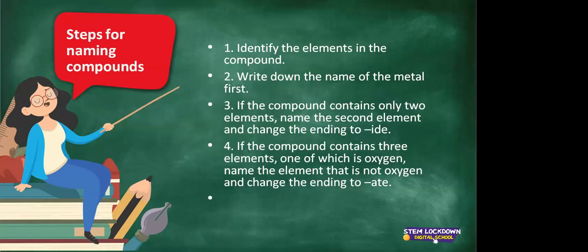Then if the compound contains only 2 elements, name the second element and change the ending to IDE. Are we clear? And then if the compound contains 3 elements, one of which is oxygen, name the element that is not oxygen and change the ending to ATE. Are we clear on that one, grade 9?